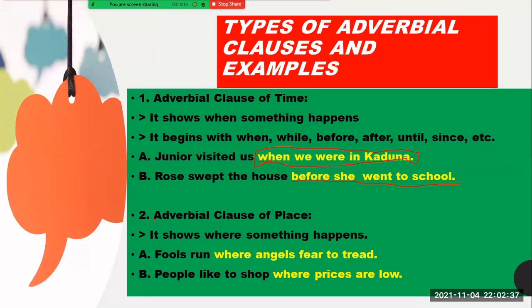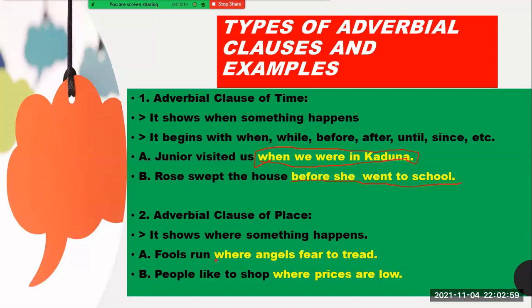Now, the next type of adverbial clause is an adverbial clause of place, and it shows us where something happens. It is about place, that is where. Where did it happen? Now, or where does it happen? Now, for example, fools run where angels fear to tread.